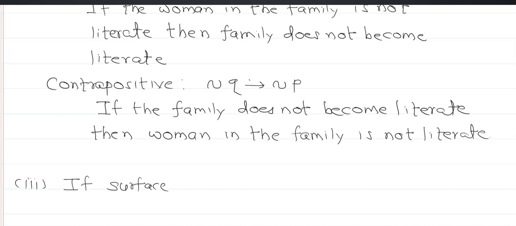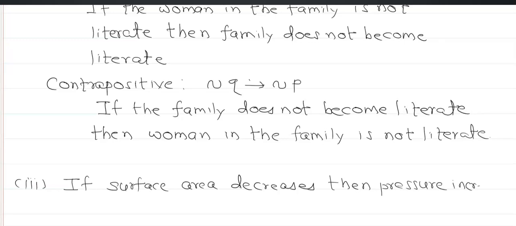Third statement: if the surface area decreases, then pressure increases.